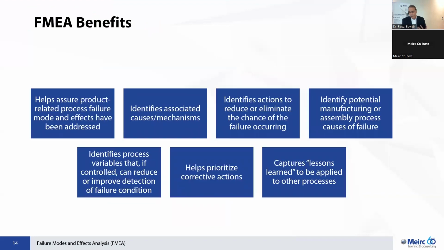And if you want to summarize the benefits, we're talking about failure anticipation. We're talking about doing an RCA, or root cause analysis, into the process. You're trying to understand and prioritize what would be a preventative action or even a corrective action that you could put in place if a failure has occurred.